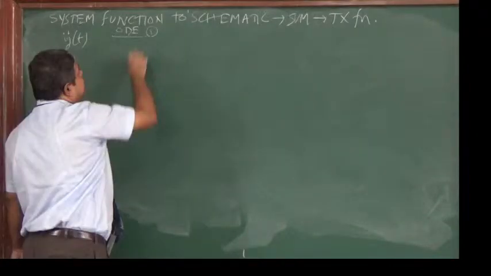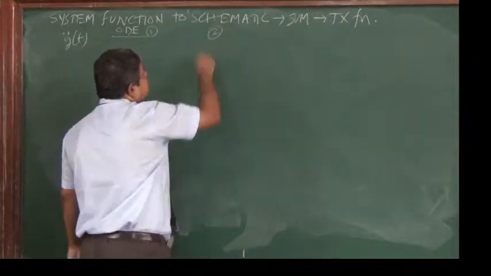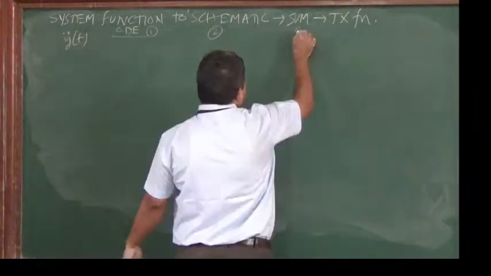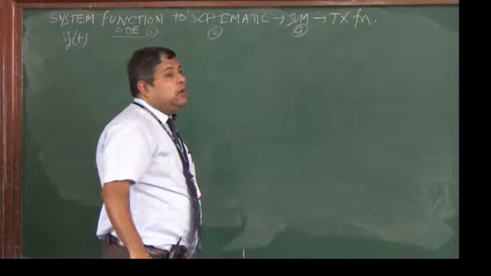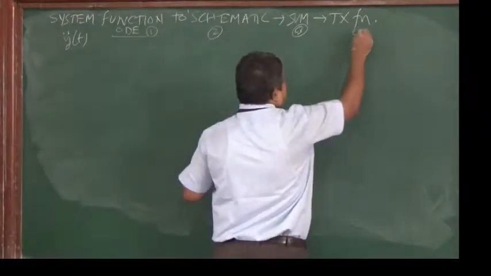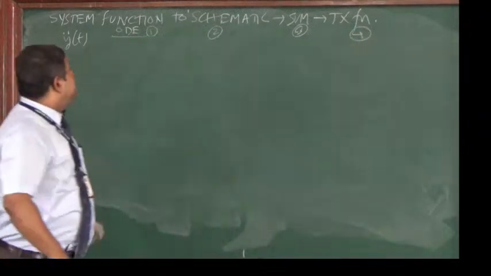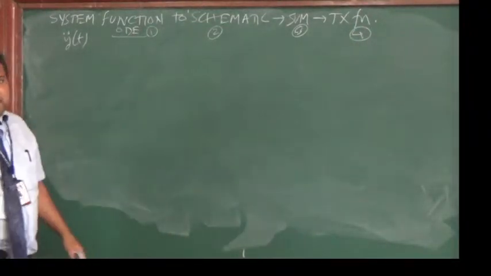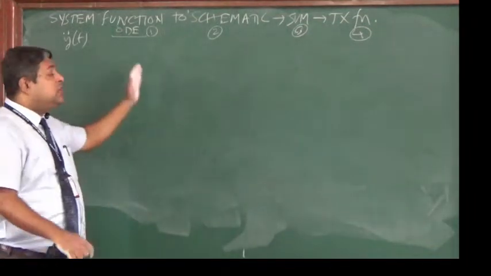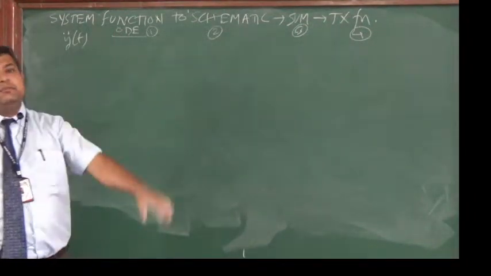If ODE is given, I can go to the system block schematic. From block schematic I can get the matrix. So there is a third thing, and once I have the ABCD matrix, I know what is going to be the system transfer function, like this. So system function and system transfer function, they are different. System function I am mentioning as the ODE, that is y double dot t plus something of y(t) or something like this. Okay.